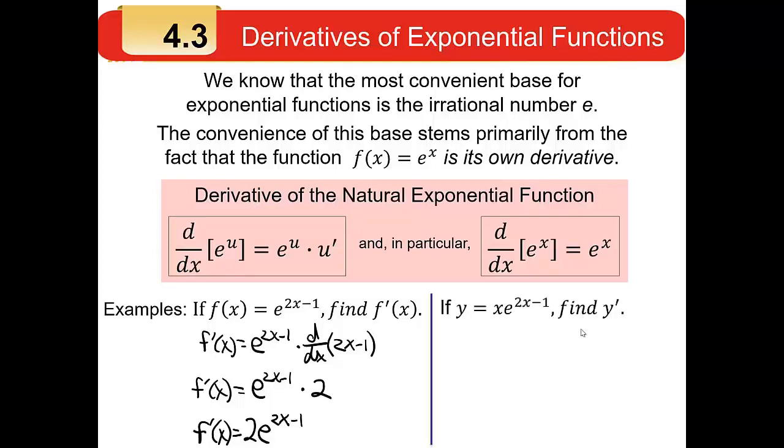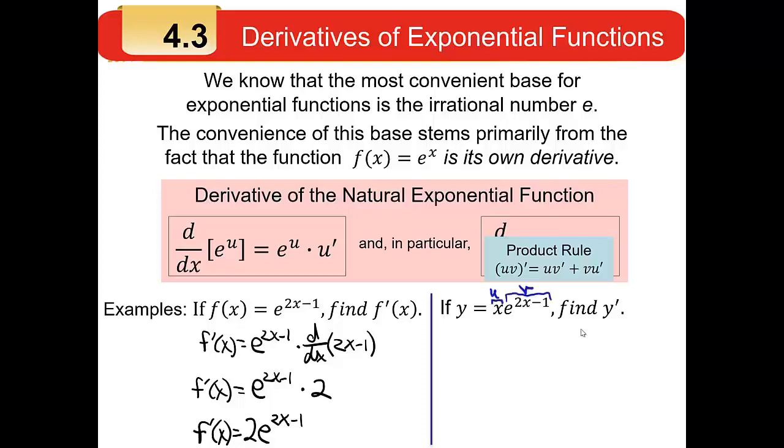Let's do another one. If y is equal to x times e to the 2x minus 1, find y prime. Well, here you have an exponential, but it's a factor within a product rule. So the first thing you have to do is realize that x is like u in the product rule and e to the 2x minus 1 is like v. So you have a product of two things, one of which happens to be an exponential.